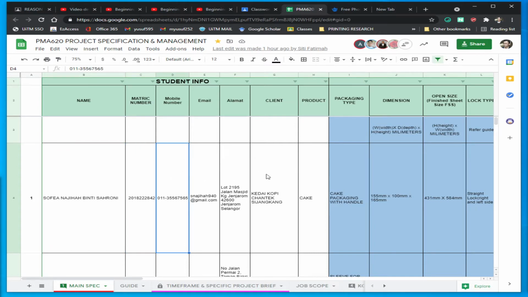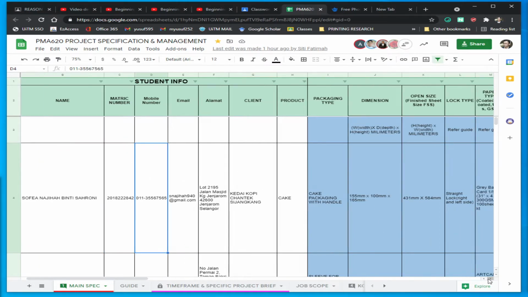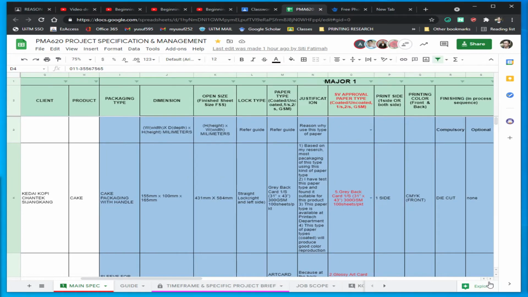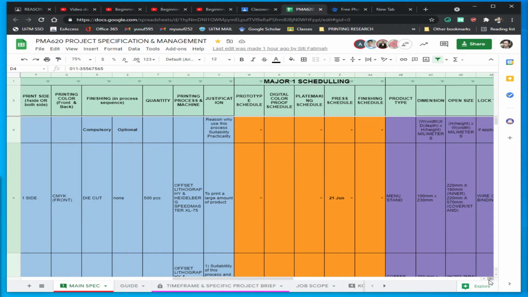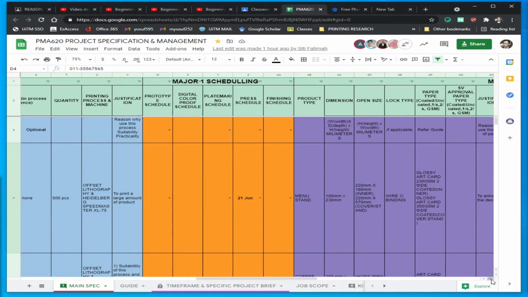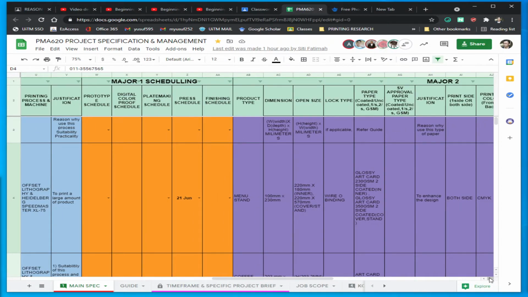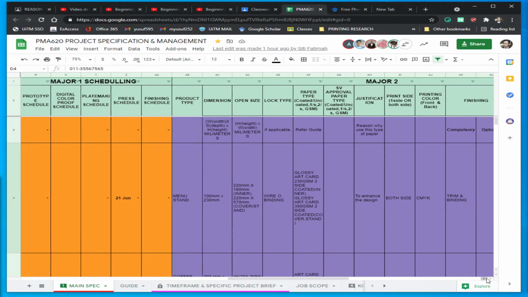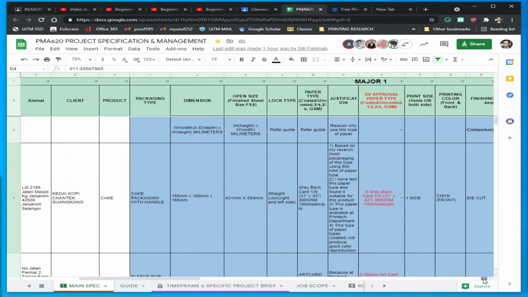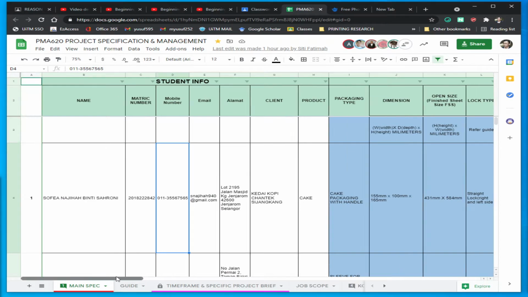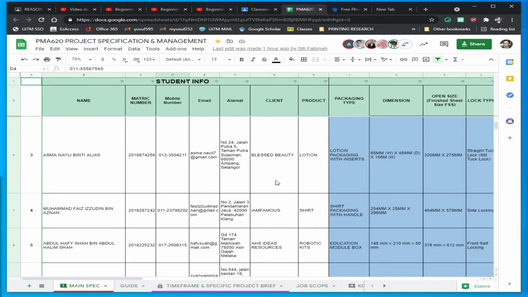So all of you have done a good job in providing information here, and I think this main list or main spec is going to be updated from time to time. Akan dikemas kini dari masa ke semasa. Who is going to be in charge of that? Everybody in charge. Everybody responsible for their own jobs.